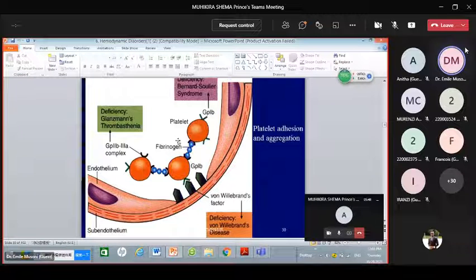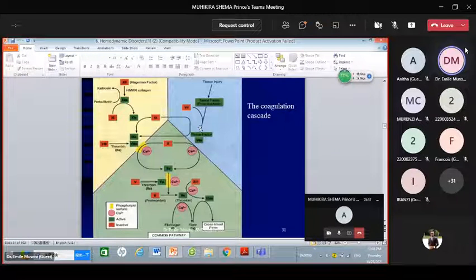Fibrinogen is factor 1. Coagulation cascade. This one, it is very complex. We can't see it here now. It will be another chapter in hematology when you start the coagulation.